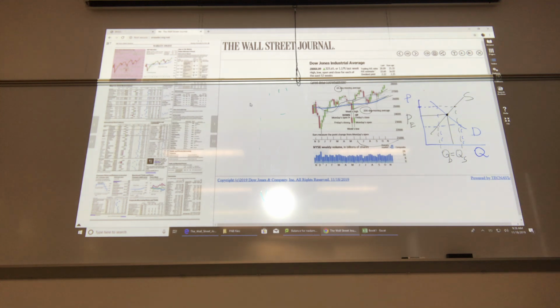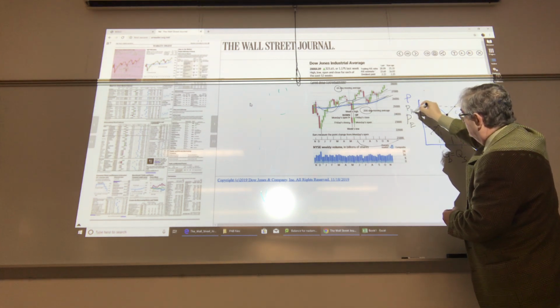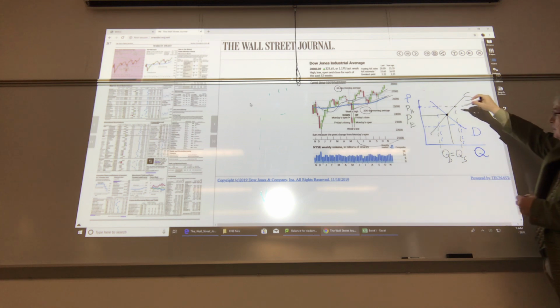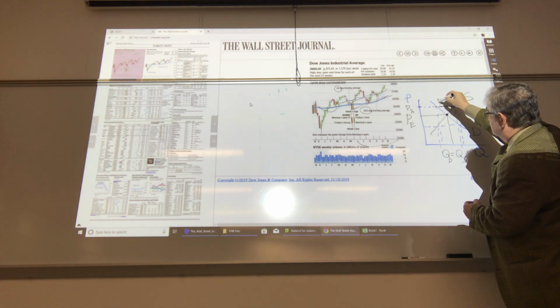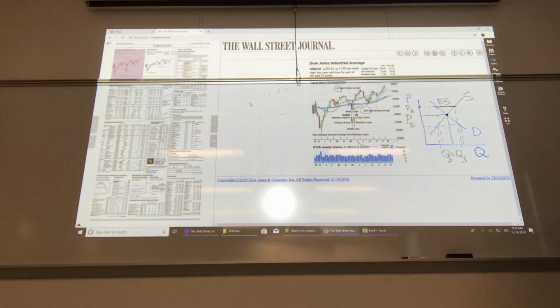What is happening if the price goes up or down? If the price goes higher, then we have a difference between the quantities that we demand and the quantities we supply. This particular difference is excess supply quantity, because if the prices are very high, we supply more than we demand.